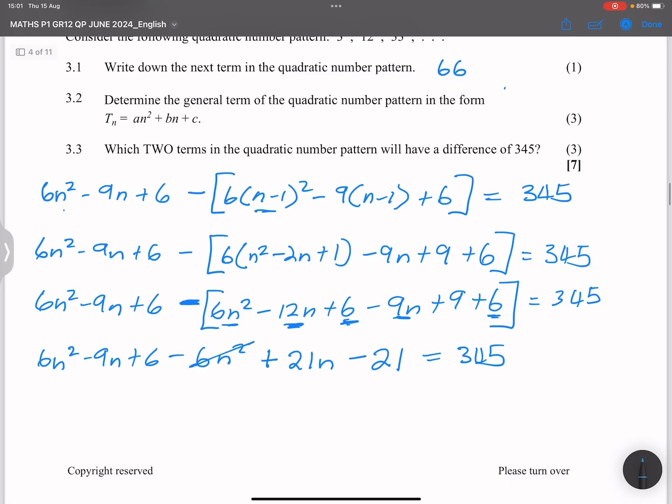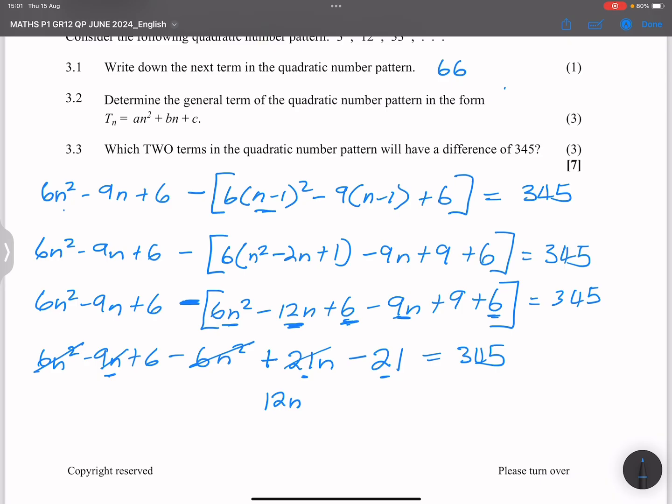Right, so that guy and that guy cancel out. So we've got 21n minus 9n. Okay, so that will give us 12n. So we're done with those. And we've got negative 21, right, plus 6 in this case.